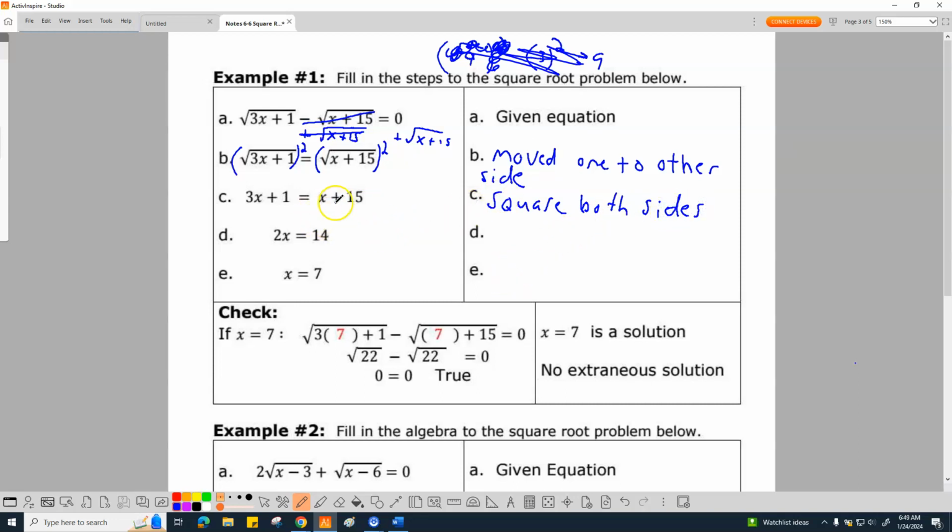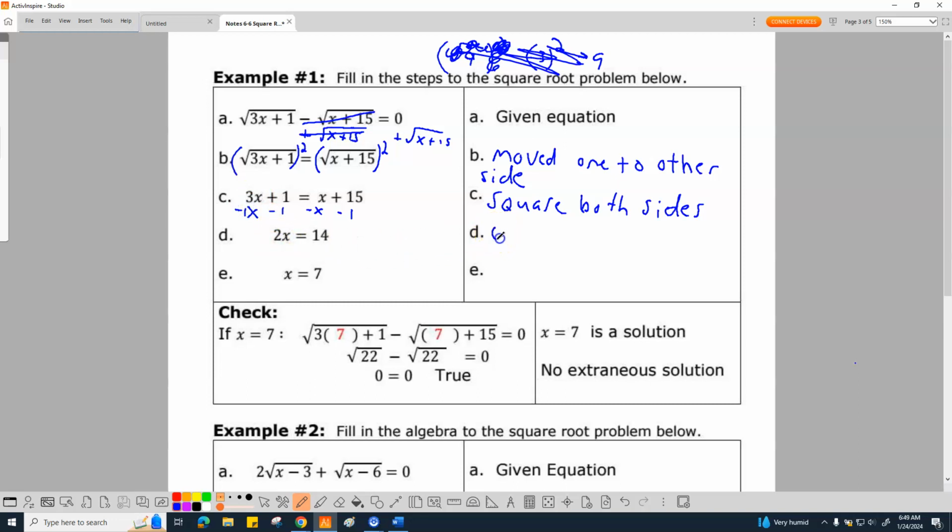And now what's going on over here? Y'all, this is just regular math at this point. I'm going to say combine like terms and solve for x. You can see what happened here. We moved this 1 over right here. 15 minus 1 is 14. And we also moved this x over. 3 minus 1x is 2x.